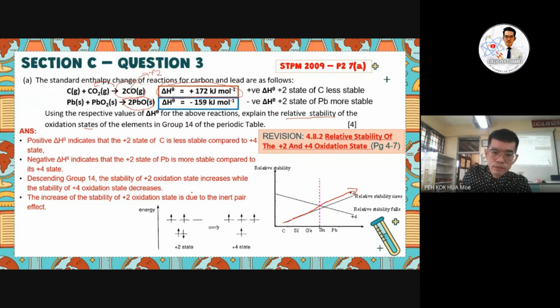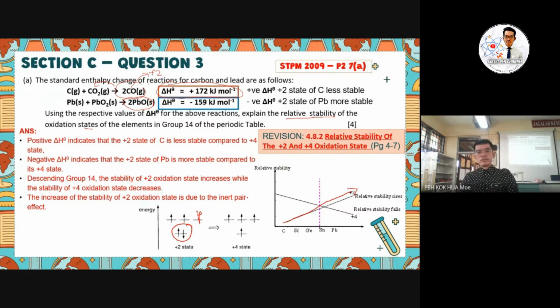So the attraction of the nucleus to the s electrons in lead will be higher. So only 2 electrons from the p orbital will be bonding, so that lead tends to be more stable in the +2 oxidation state.